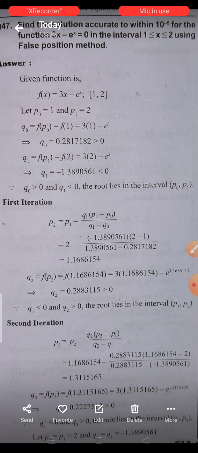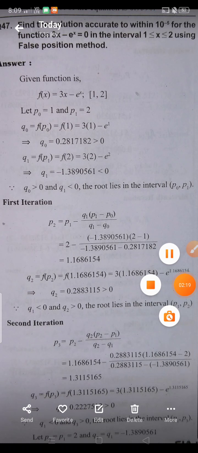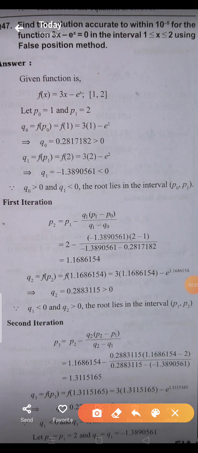Next, first iteration. P2 is equal to P1 minus Q1 into P1 minus P0 by Q1 minus Q0. Next, substitute Q0, Q1 and P0, P1 in the above.